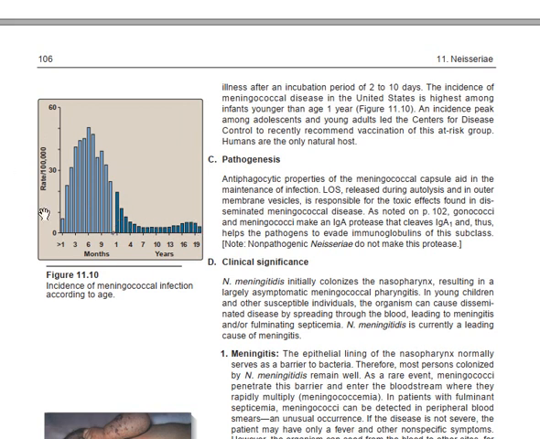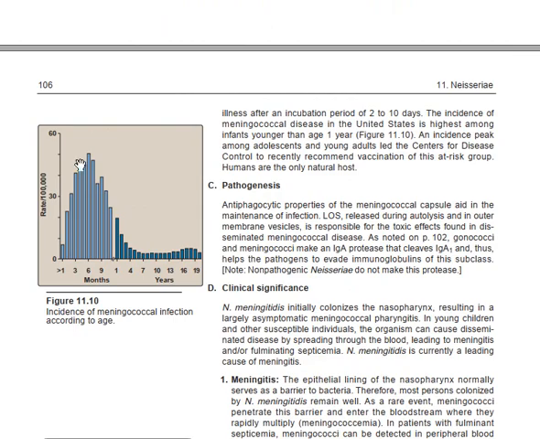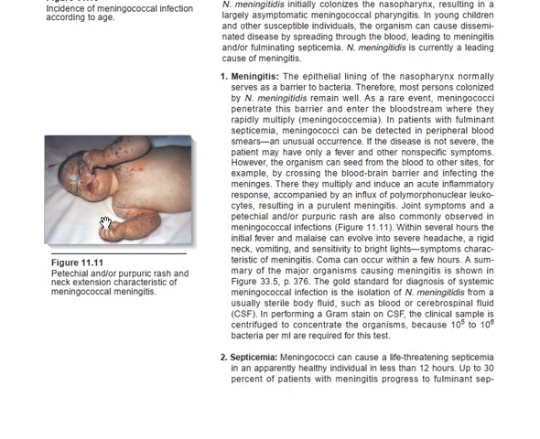But in the younger age group, between 3 months and 1 year, you have more Neisseria meningitidis as the cause. So you must always add the antibiotic that is going to be against Neisseria meningitidis, and those antibiotics are usually penicillins. Is it clear? For example, ampicillin.